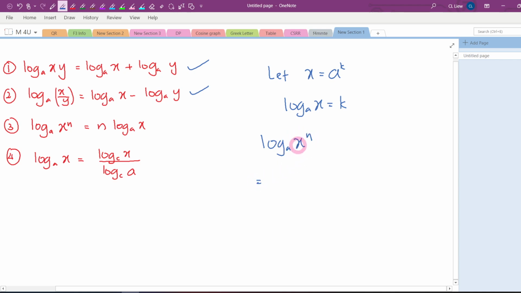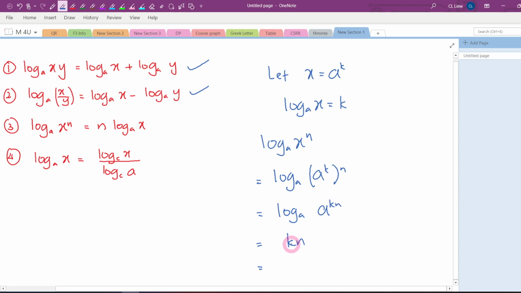Now I can change x to a power k and copy the n. This is equal to a power kn, right? Now, same thing, you see these two numbers are the same, then we know that the answer for this whole thing is equal to the power here, which is kn.